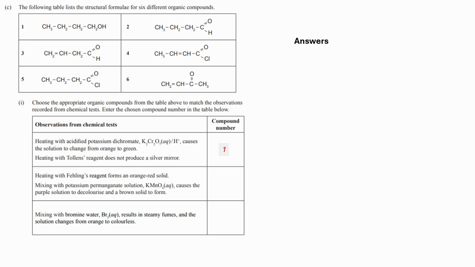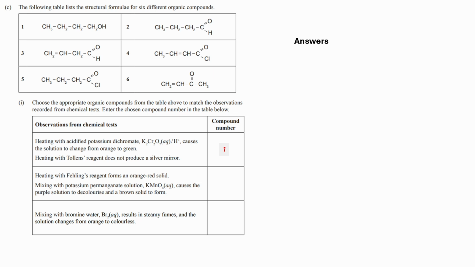The next one says heating with Fehling's reagent forms an orange-red solid. Okay, you might have been told this is Benedict's reagent if your chemistry teacher is a biologist. But Fehling's reagent is the name that chemists give to the same solution. It is just like Tollens reagent in that it will only oxidize aldehydes but not alcohols.